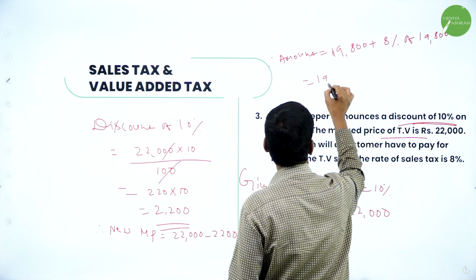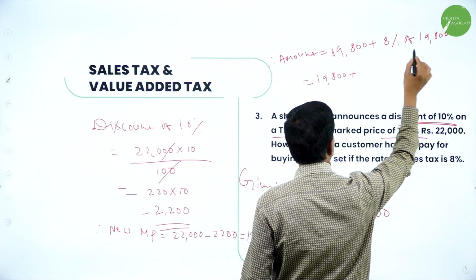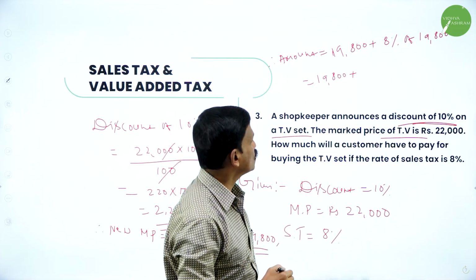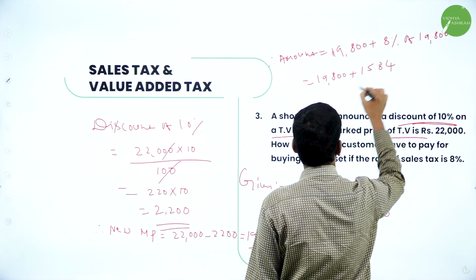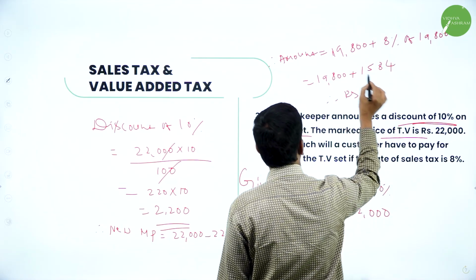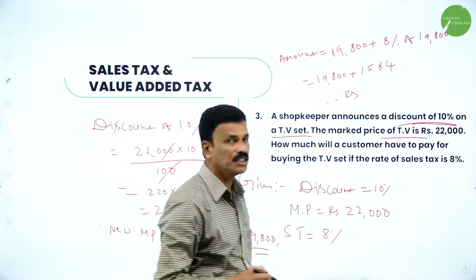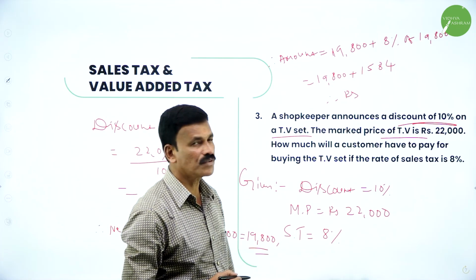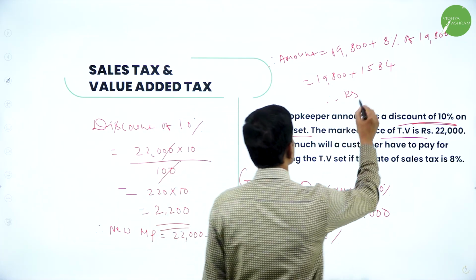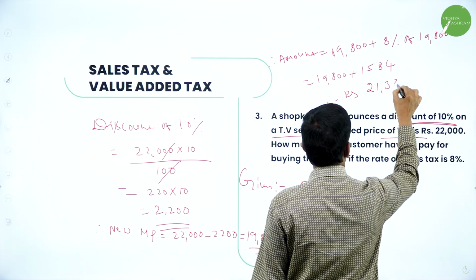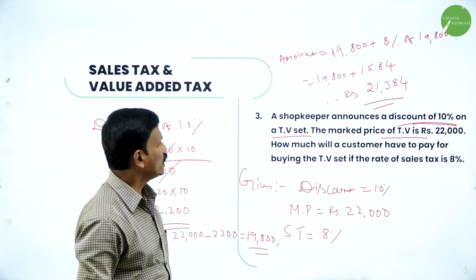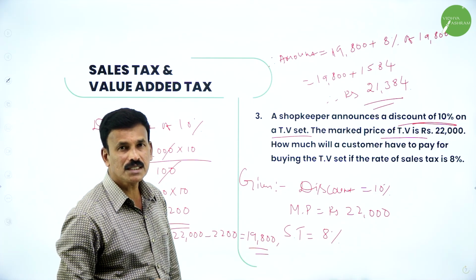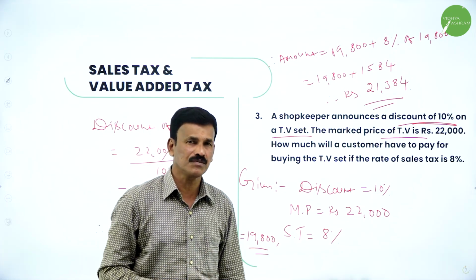So, this is 1,584. Therefore, the amount is equal to rupees, add 19,800 plus 1,584. This is 21,384. So, therefore, the amount paid is rupees 21,384. That's it. Same as that of the first problem.